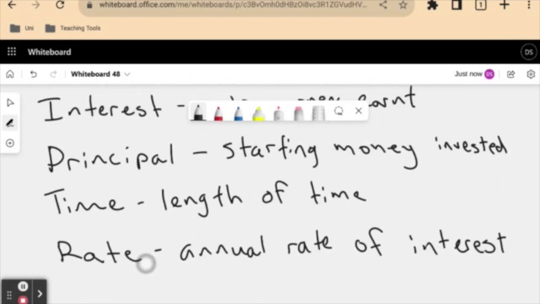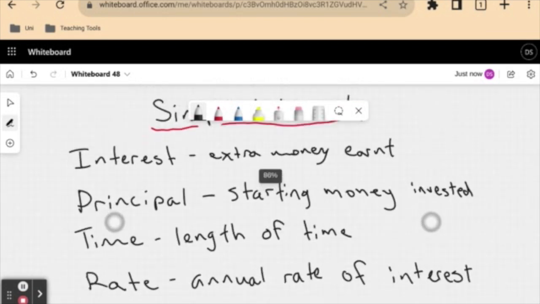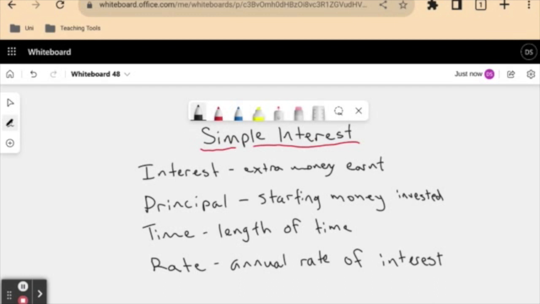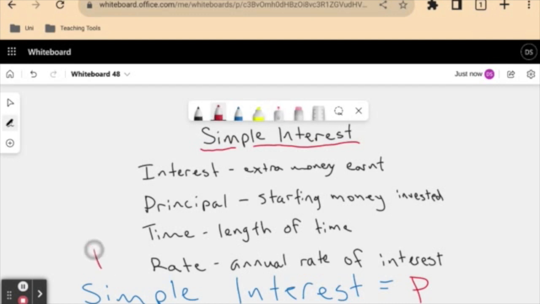Now, these are the most important elements of simple interest. And there is one formula that links all of these together. And that is that our simple interest equals the principal money we've put in. And now, sorry, I should make the link here. This simple interest is our first portion here.